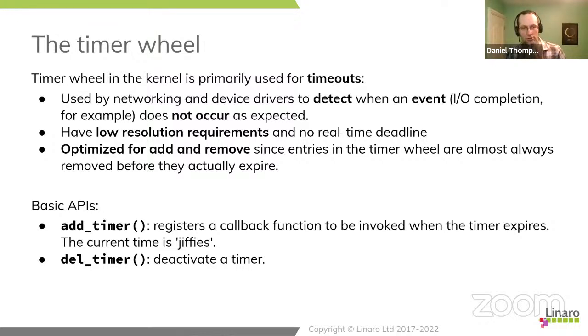For example, in the networking stack, you've got the SYN, SYNACK, ACK sequence. If we receive a SYN, we send a SYNACK, and we also create an entry on the timer wheel to allow us to delete the session information if we never receive the ACK. So if the other side never sends us an ACK, we have a timeout set for some point in the future, but that's not the normal case.